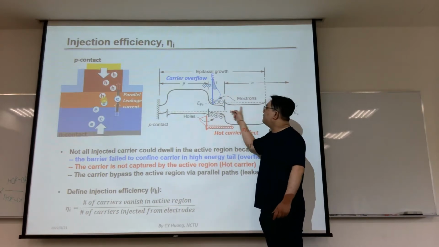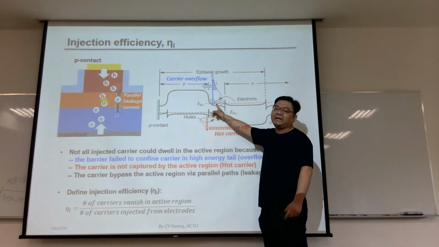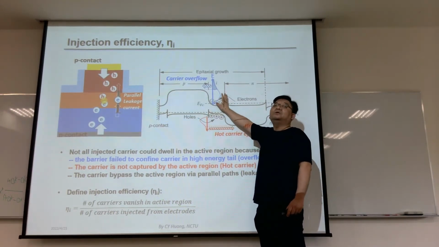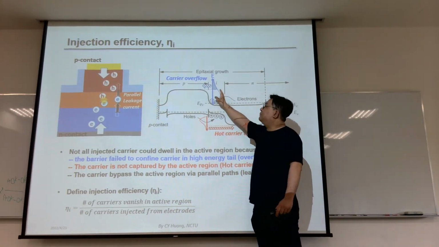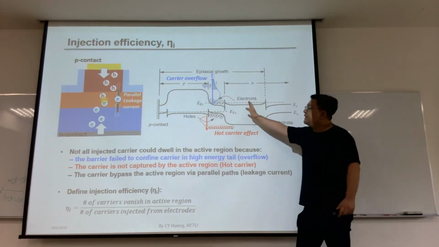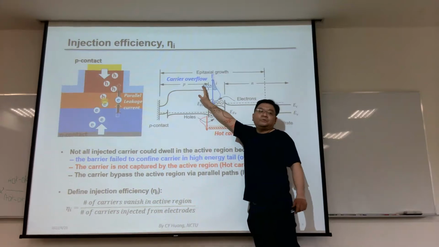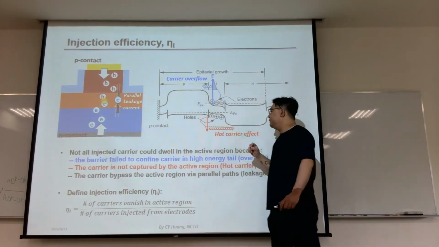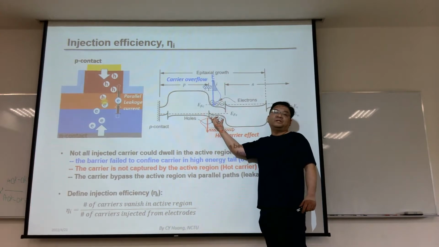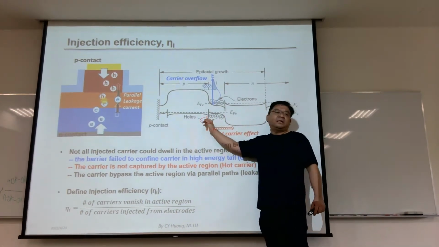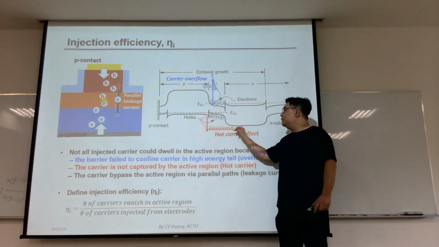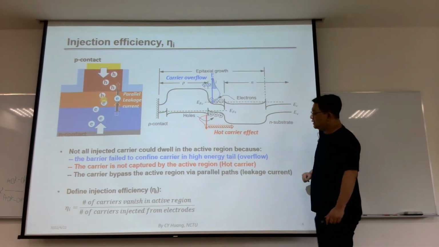For carrier overflow, the carrier has to be captured by the quantum well first. But according to thermalization, some part of them might further leave the quantum well due to the finite energy barrier. But if your confinement structure is too weak and the carrier doesn't have much time to stay there, it could also leave the active region.